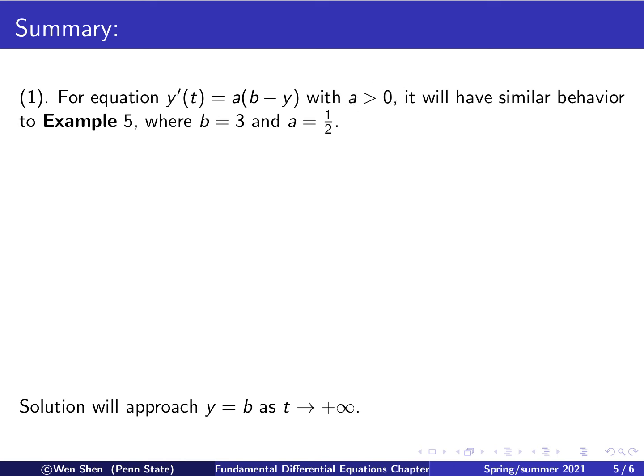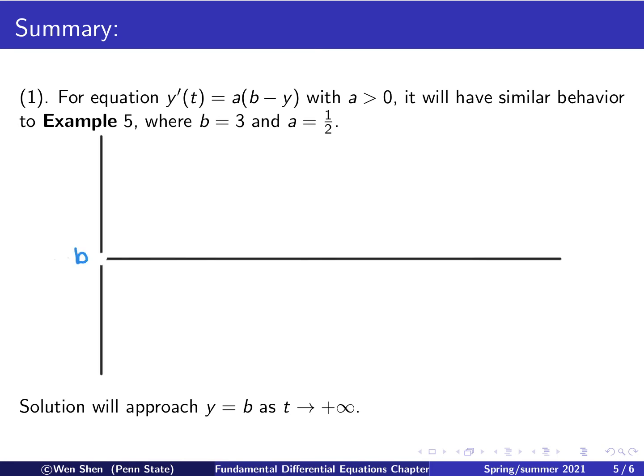This is important. We claim that it will have similar behavior to the previous example, where we have b equals 3 and a equal half, and this is a positive a. Let's try to sketch the directional fields and look at properties of the solution qualitatively.